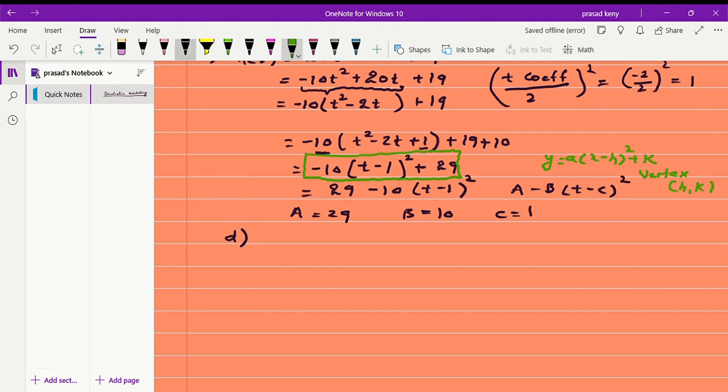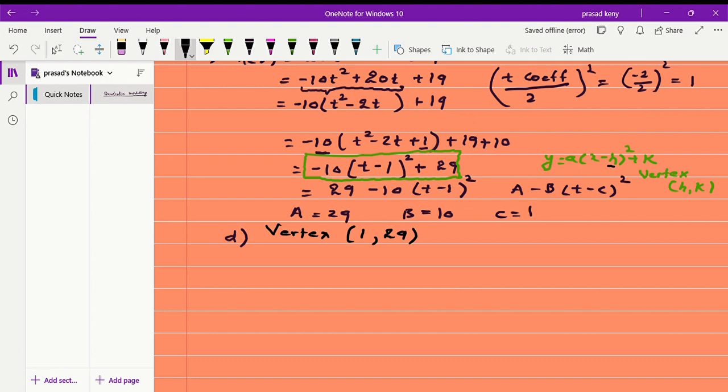So in this case, what is the vertex? So compare here, negative h is negative 1. So h is 1 and k is 29. So the vertex is 1 comma 29.